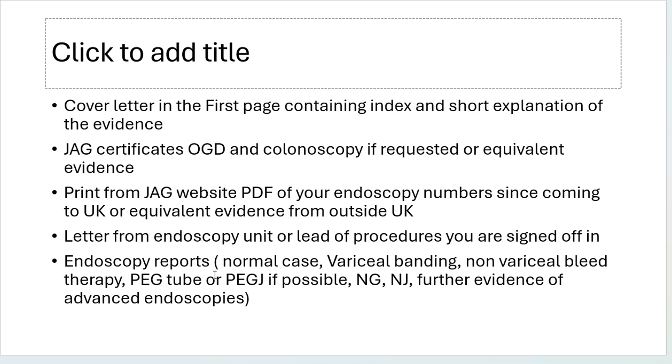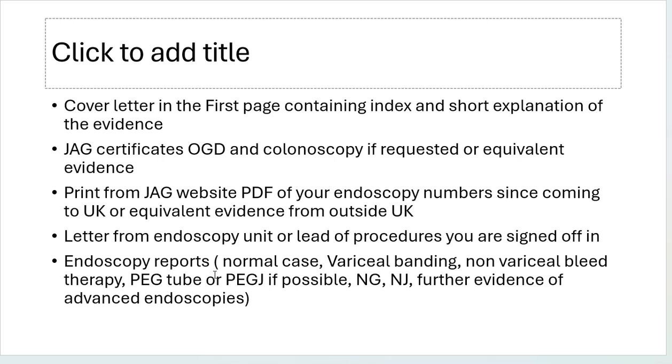If you can do PEG change, you can put multiple evidences of these cases, and then put an evidence for NG and NJ insertion. This would make your CV and your endoscopy file very heavy and strong, showing skills.